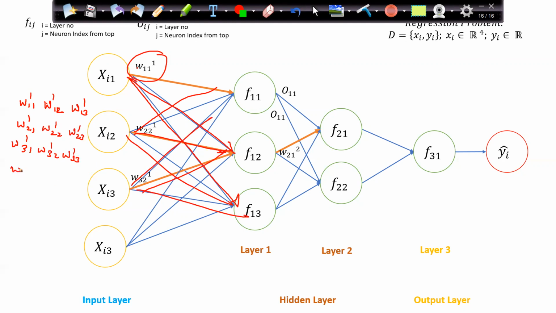And same way W411, W421, W431, which is nothing but this and this. And this is nothing but my 4 cross 3 matrix. That is what you will get at the end, once you get the weights after doing all the tuning.